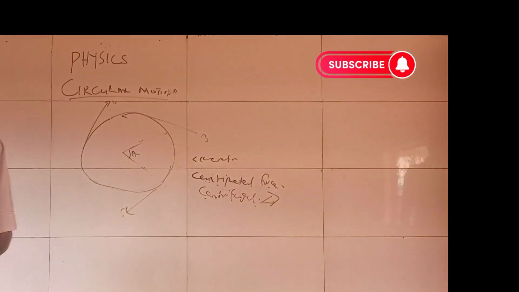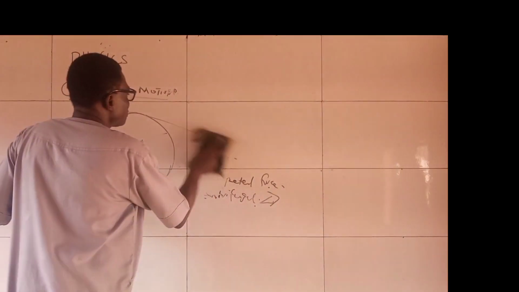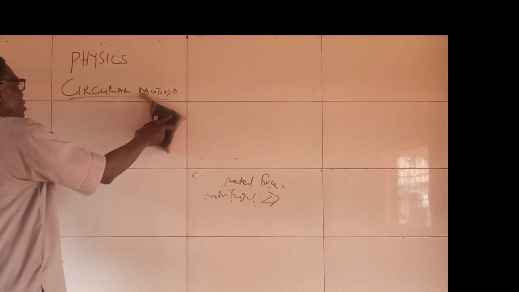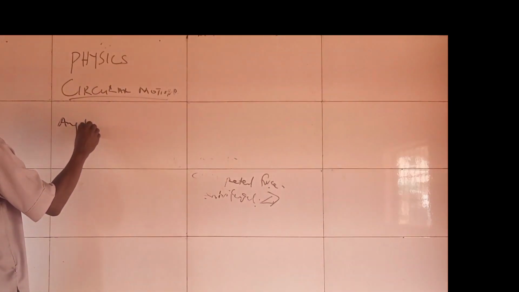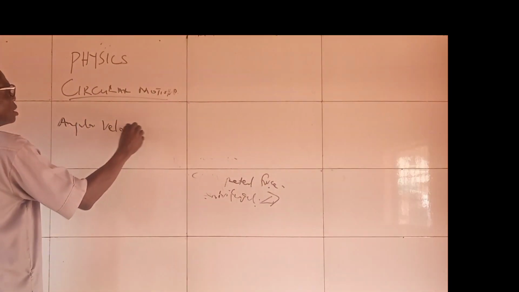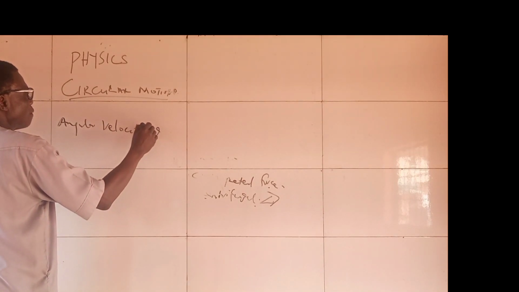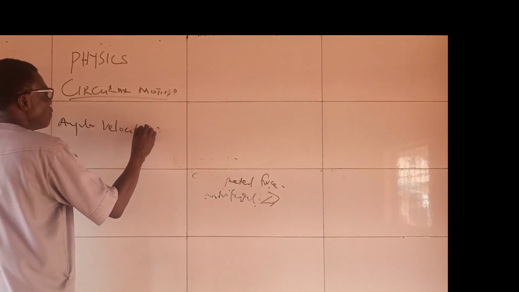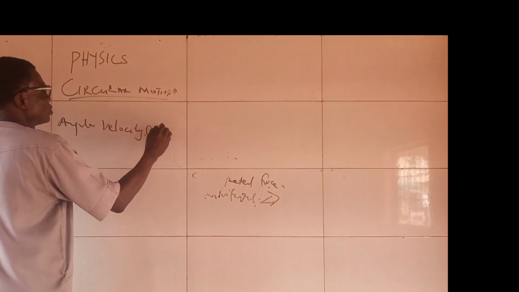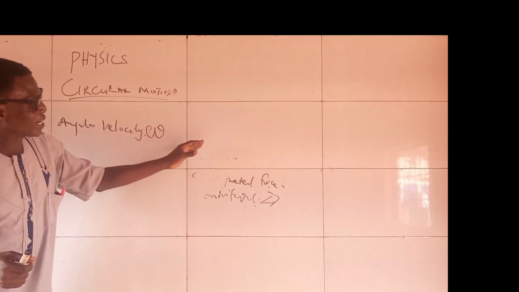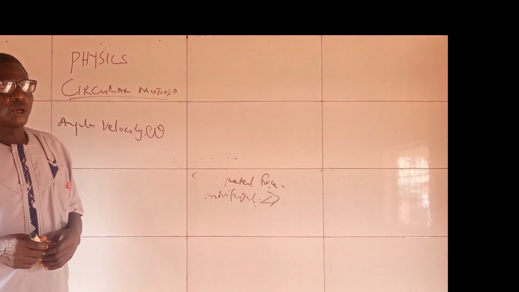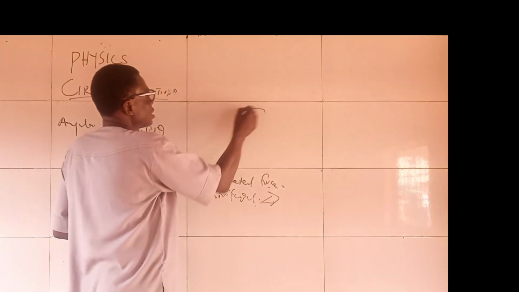Let's look at it this way. Angular velocity. This angular velocity is defined as the angle between the two radii of the circle.